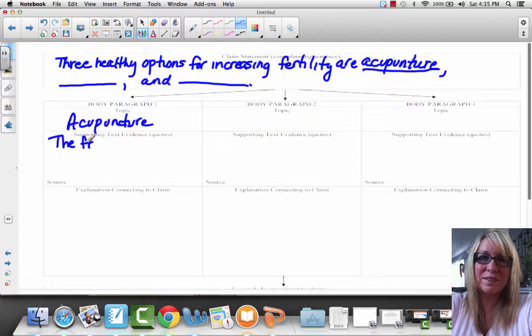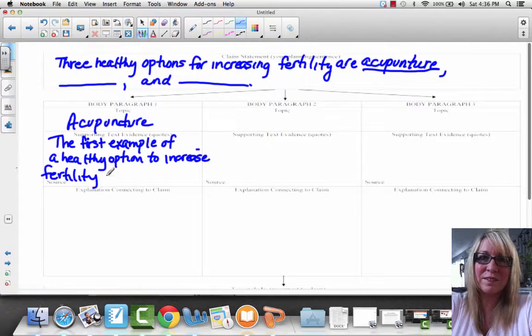The first example of a healthy option to increase fertility is acupuncture. And we know the source that we're getting it from because it's this article.